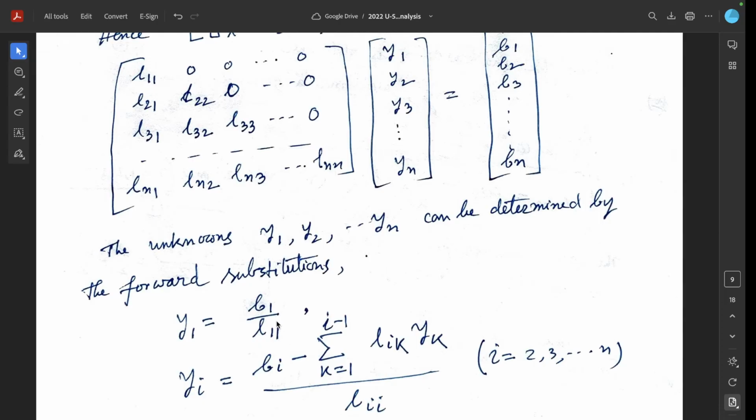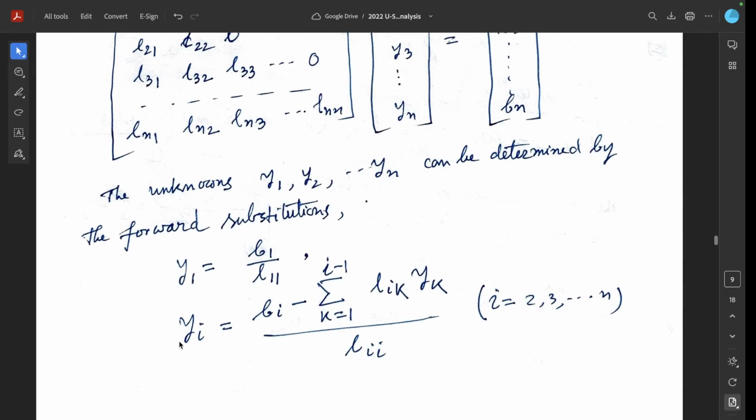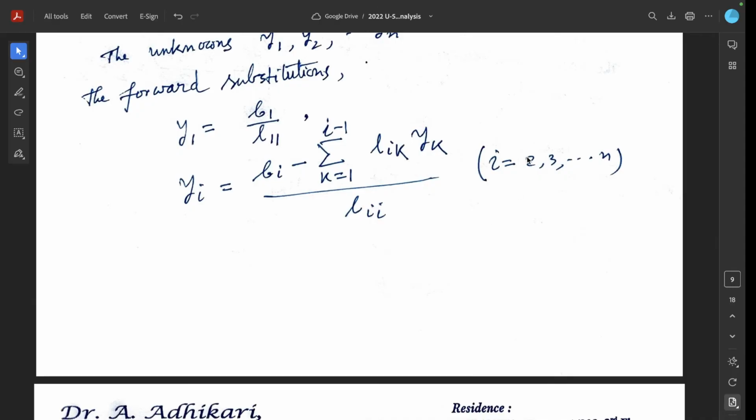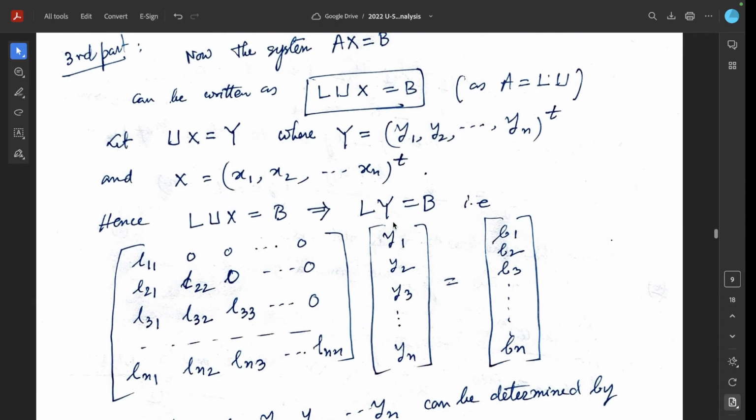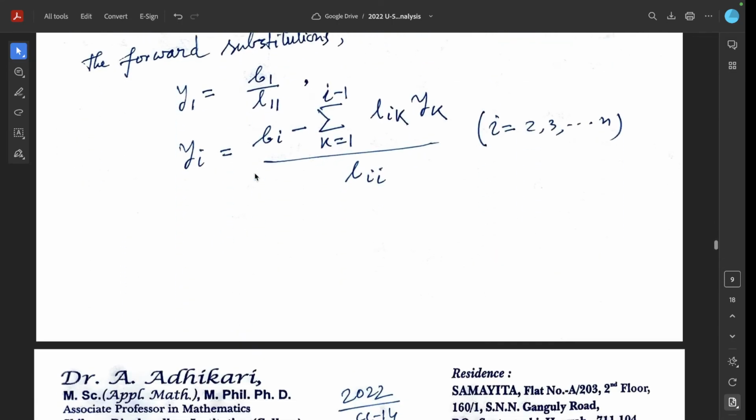So we get y1 equal to b1 by L11, and yi equal to bi minus summation k equal to 1 to i minus 1 lik yk divided by lii, i equal to 2, 3, n. So we find all y1, y2, yn.